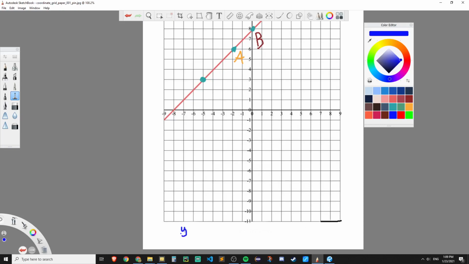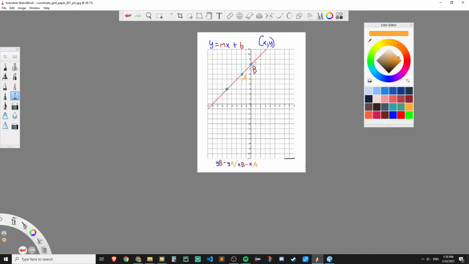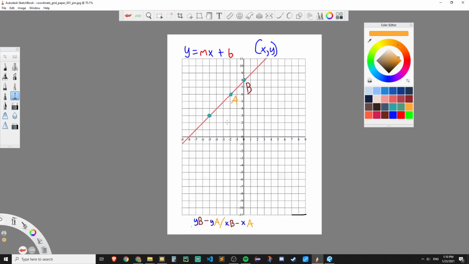Y B minus Y A over X B minus X A is our M, it's our slope. Okay, so this is our slope equation.